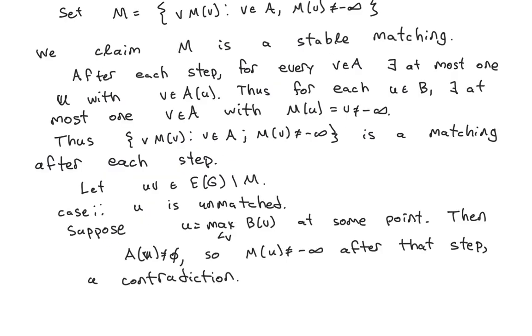So I need to claim that the matching we get when the algorithm terminates is a stable matching. One thing worth noting is that after each step, after the first round, for every job, there's at most one candidate they sent a job offer to. And likewise, for each candidate, there's at most one job they accept, either one that they had accepted previously or the updated one.